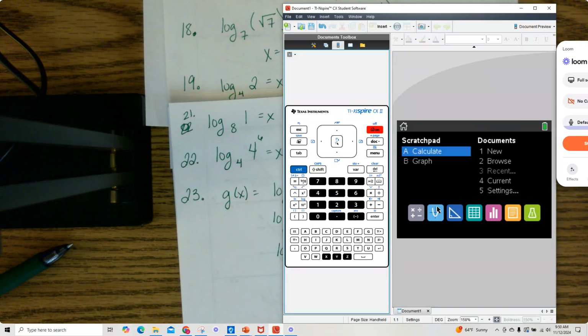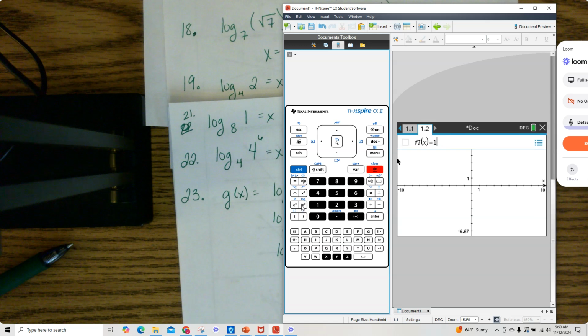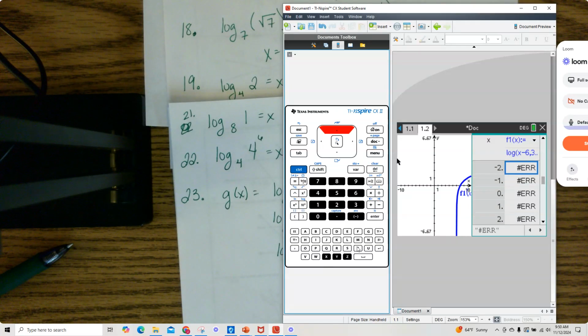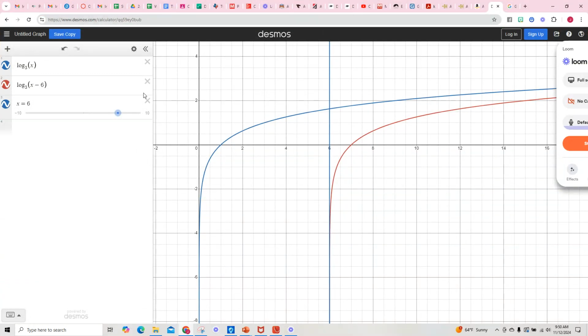How did you get the base in the keyboard? Yeah, that keyboard automatically puts it in there. And our calculators will do it too. It's not doing that for me. On Desmos? Yeah.